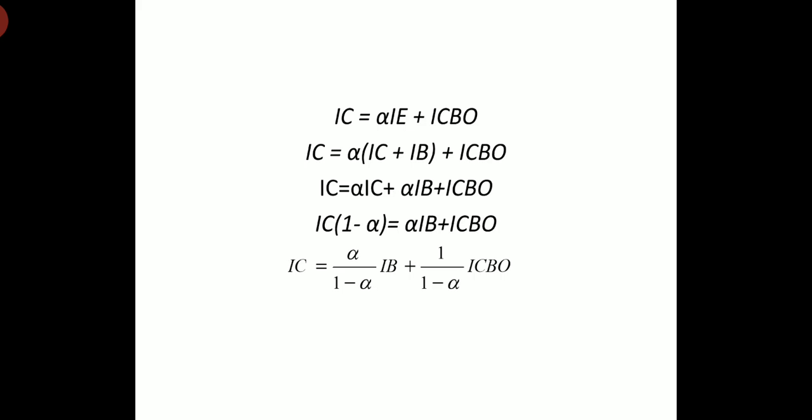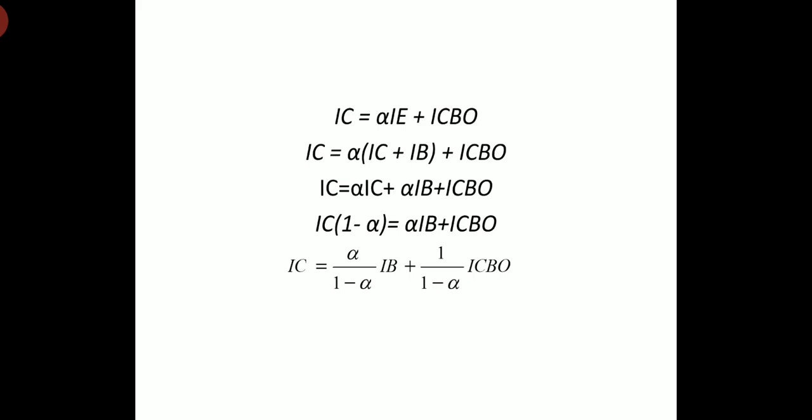So collector current is the summation of currents in the collector region due to majority and minority charge carriers. Therefore, I can write IC as IC majority plus IC minority.